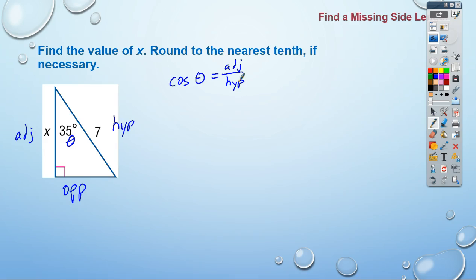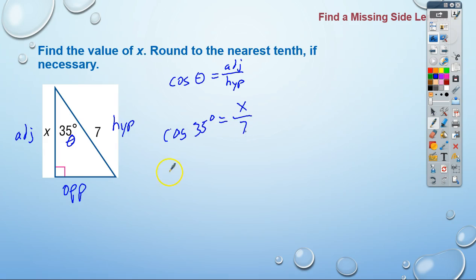And I work the magic here. I fill in. Oops, I'm getting ahead of myself just writing numbers. Cosine of theta. What's theta? Theta is going to be my 35 degrees, is equal to adjacent, x, over my hypotenuse, 7.